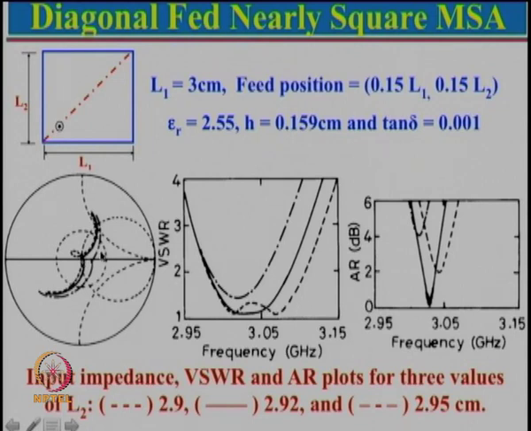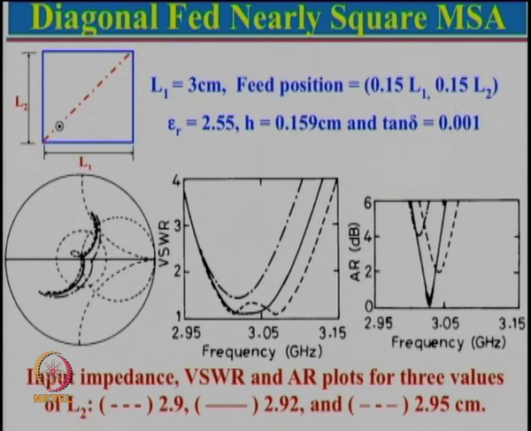Now, corresponding to these cases, this is the case for VSWR here. For the kink, this is the VSWR plot, and for the small loop here, this is the VSWR plot. You can see that this plot gives me a larger VSWR bandwidth, but that is not a useful bandwidth, because here polarization changes as frequency changes.